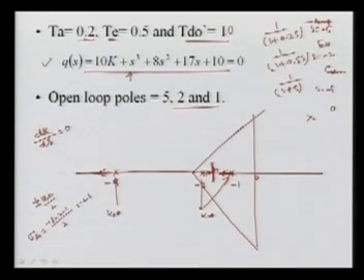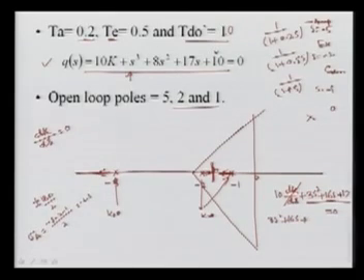If we differentiate, we get 10 del K upon del s, plus differentiating with s, 3s square plus 16s plus 17, and that is equal to 0. Here 10 is a constant, so its differentiation is 0. Now we know that dK by ds is 0, so we get the equation 3s square plus 16s plus 17 equal to 0.